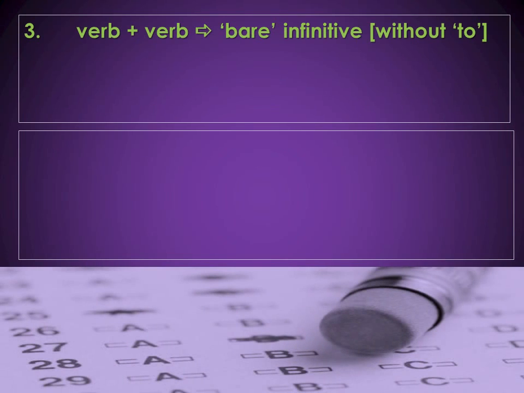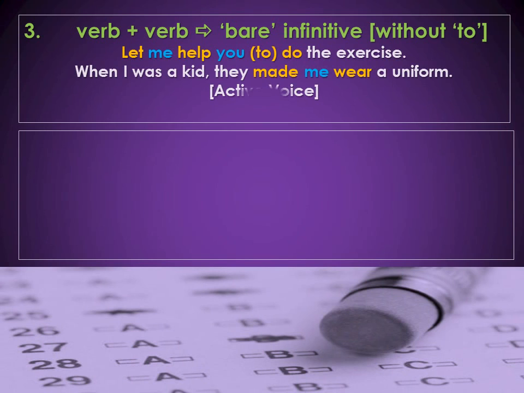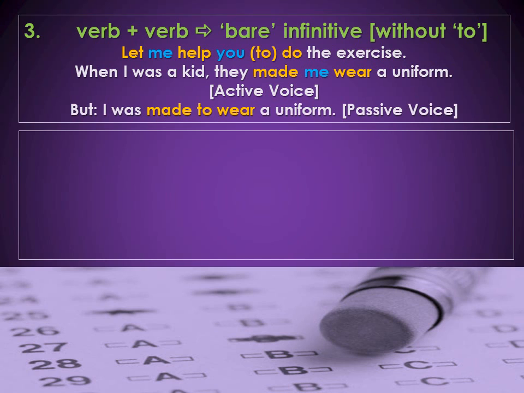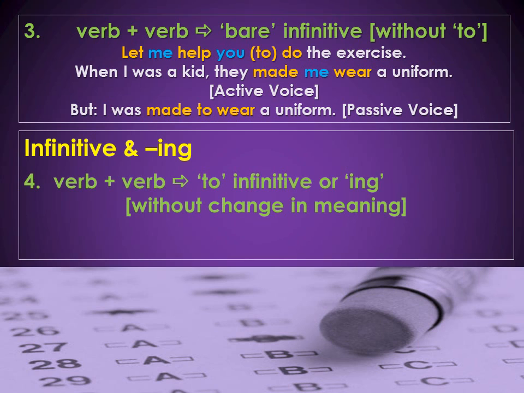Okay, bare infinitive without to. We talked about these cases in class. Just remember that make used in the passive voice is followed by to infinitive. Now, as for the second big category, verbs that take infinitive and ing, first, a lot of verbs without changing meaning.